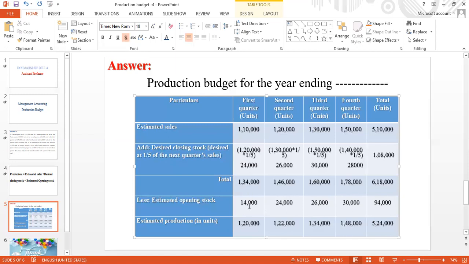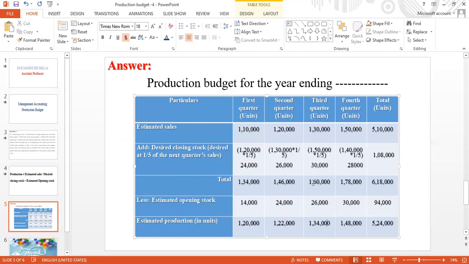Now you subtract this: 1,34,000 minus 14,000. We will get 1,20,000. That is the estimated production for the first quarter. For the second quarter, 1,46,000 minus 24,000. You will get 1,22,000. This is the production in units for the second quarter.